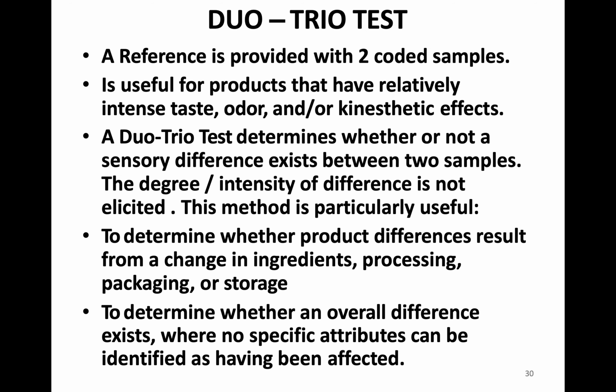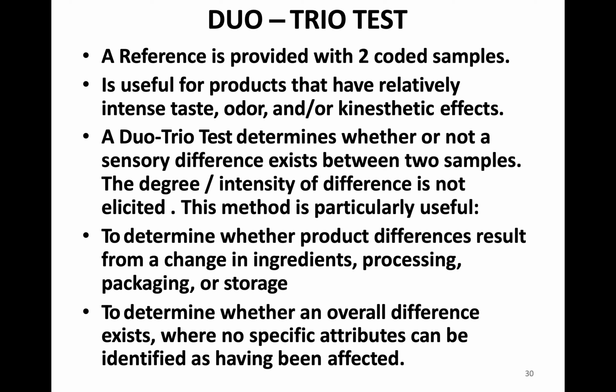Duo-trio test. A reference is provided with two coded samples. It is useful for products that have relatively intense taste or odor. A duo-trio test determines whether or not a sensory difference exists between two samples.